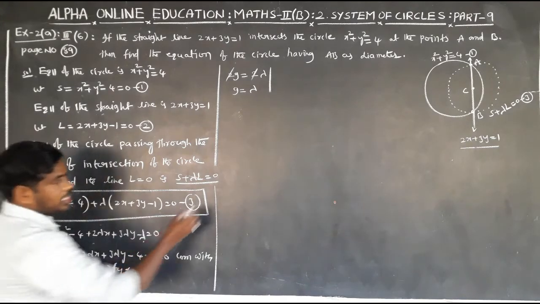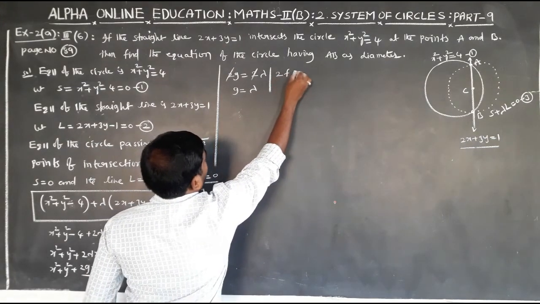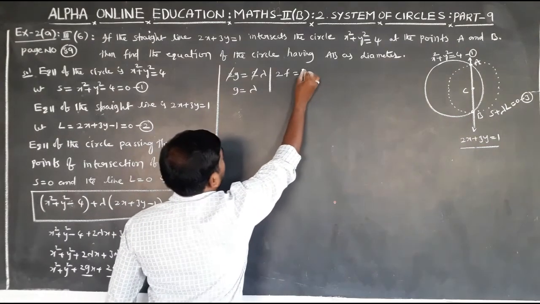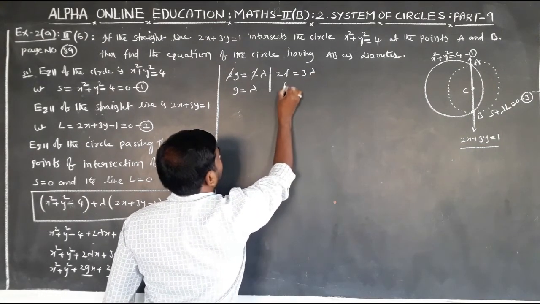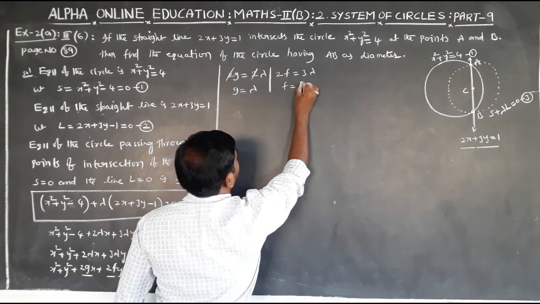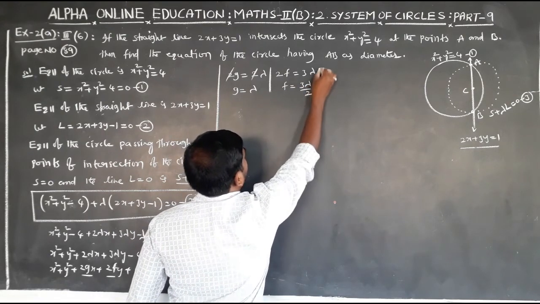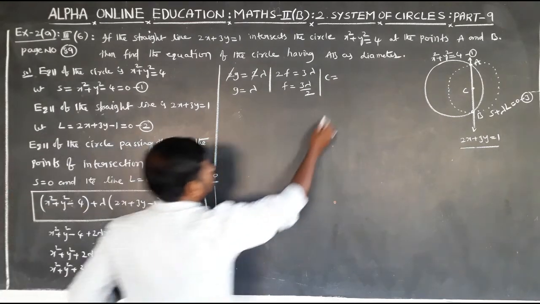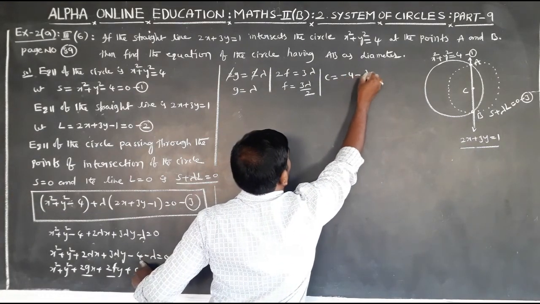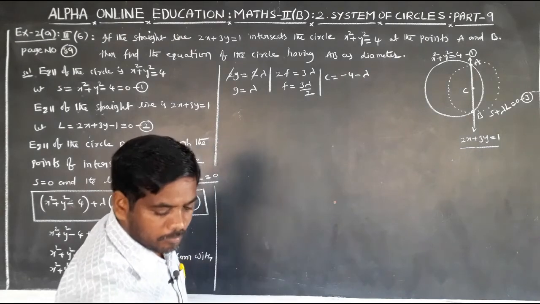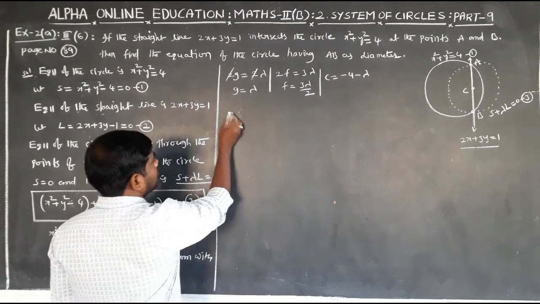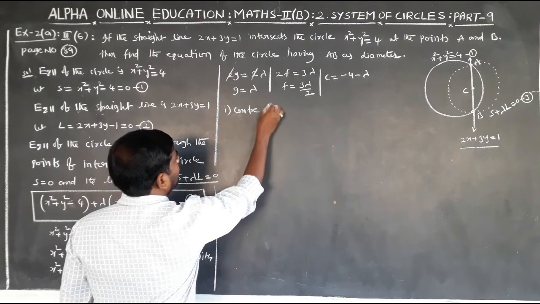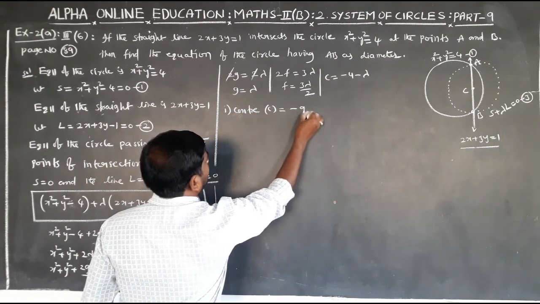The y coefficient is 2f. Here the y coefficient is 3λ, so f = 3λ/2. The constant c = −4 − λ. Now find the center of the third circle.